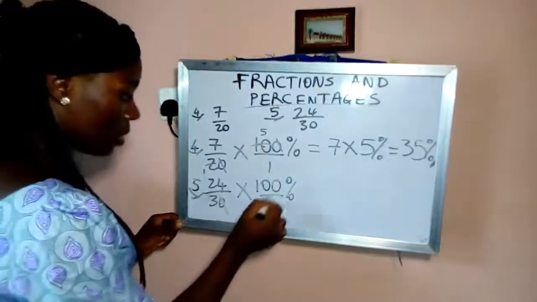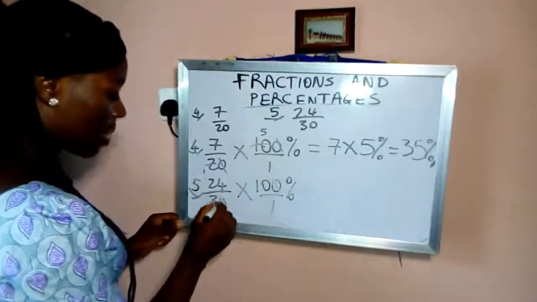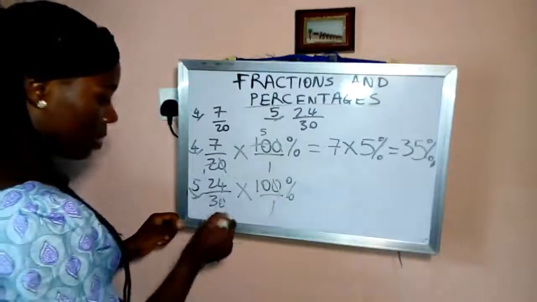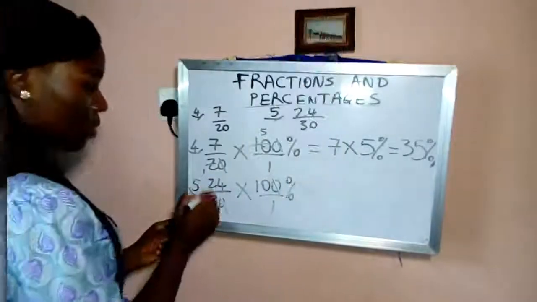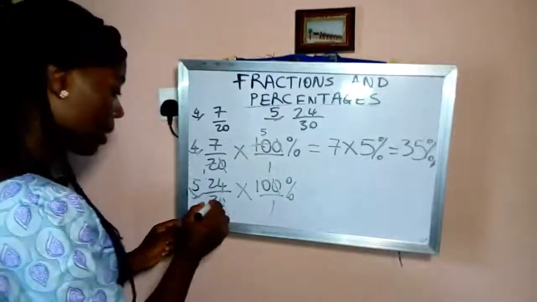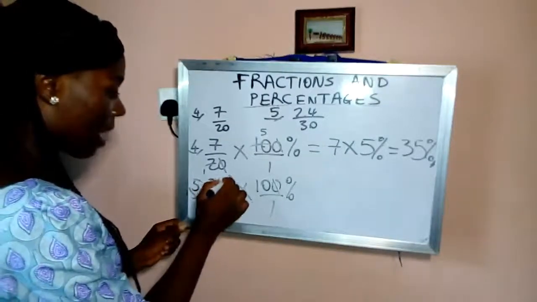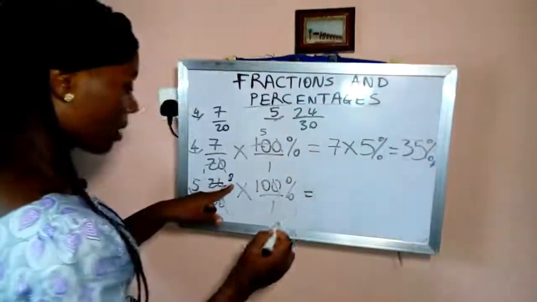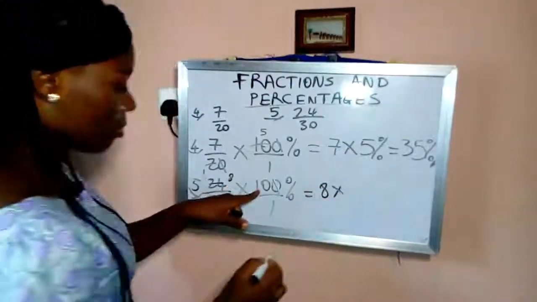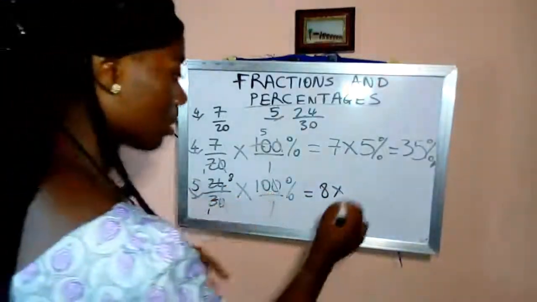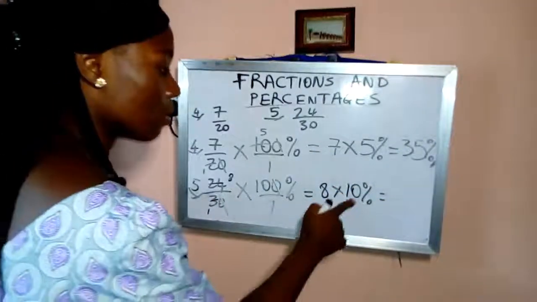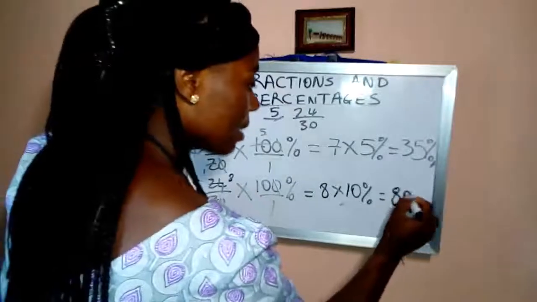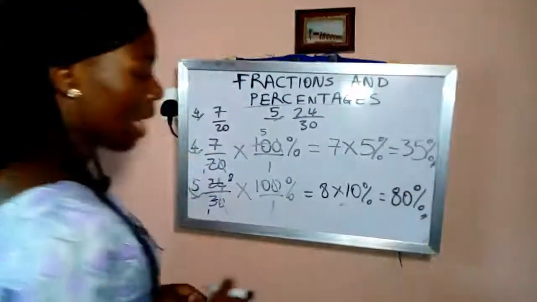Oh, sorry, my 0 will cancel out 0. 3 cannot go into 10 without a remainder, but 3 can go into 24 without a remainder. 3 here, 1, 3 here, 8. So what I have left here is 8 times, remember there's a 10 here that wasn't cancelled out, 10%. 8 times 10 will give me 80. So this becomes my answer.